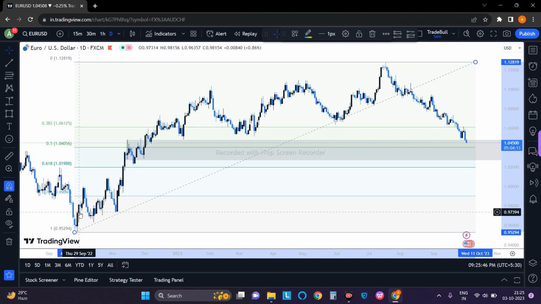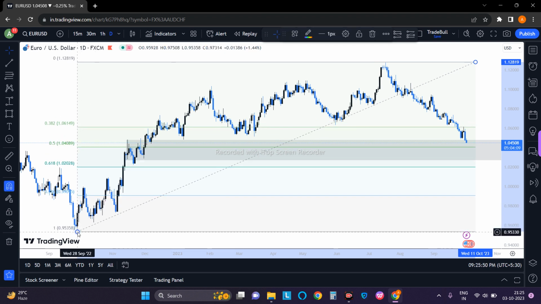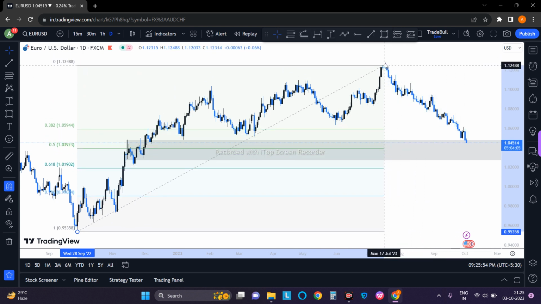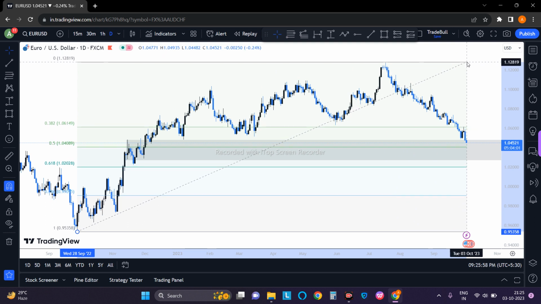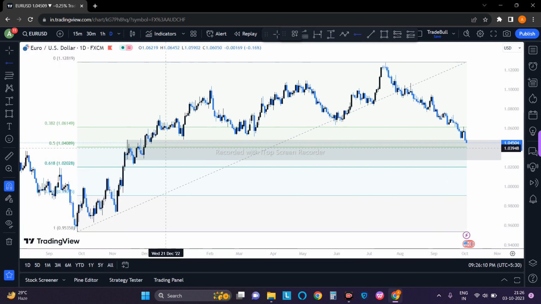Let me just adjust this quickly to be exact. Yes, so you can see the 50% Fibonacci level coincides with this level. Let us mark that quickly so that I can remove this.